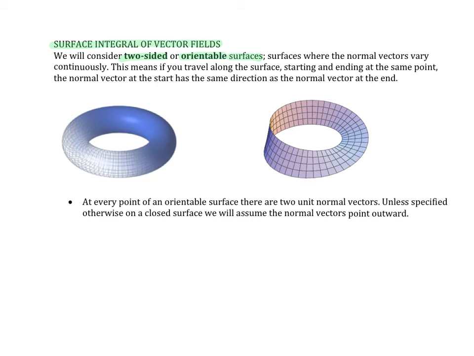So this means that if you travel around the surface, starting and ending at the same point, the normal vector at the start has the same direction as the normal vector at the end. So these are the types of surfaces that we're going to be working with when we talk about our vector field. Let's look at this first donut shape.